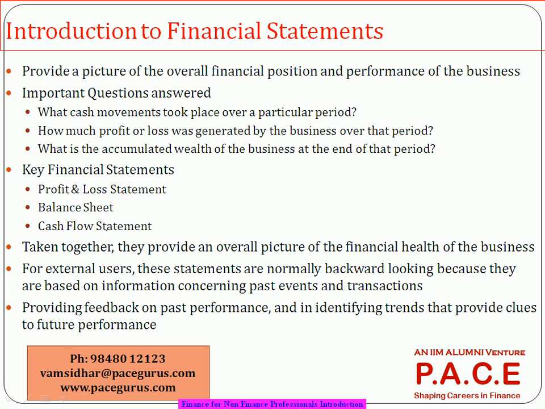It's a consolidation of the net profit or loss the company has generated during this year. Let's say if I am taking the year from April 1st to March 31st, that is typically called a financial year. Most countries use April 1st to March 31st as the financial year.